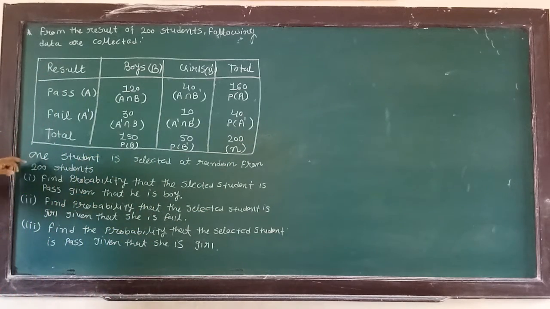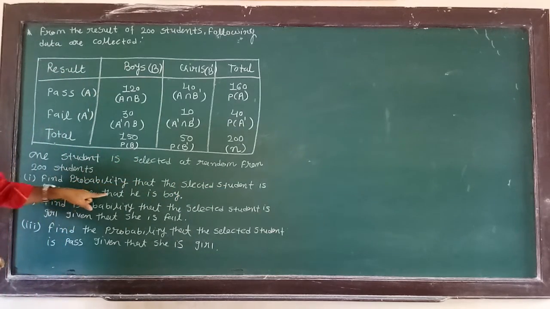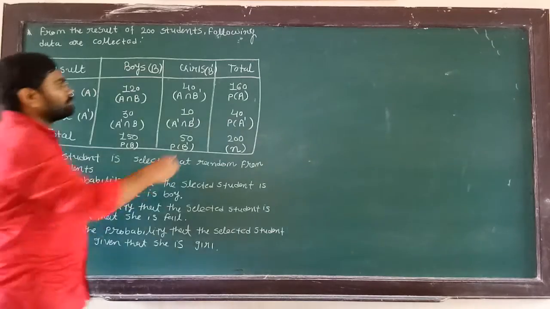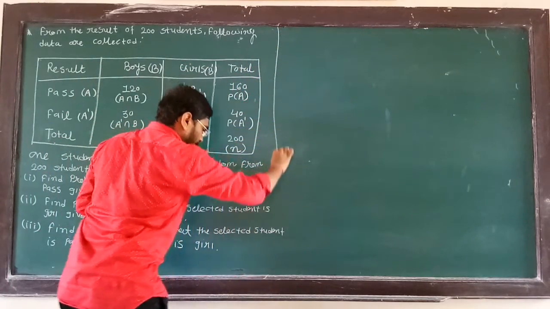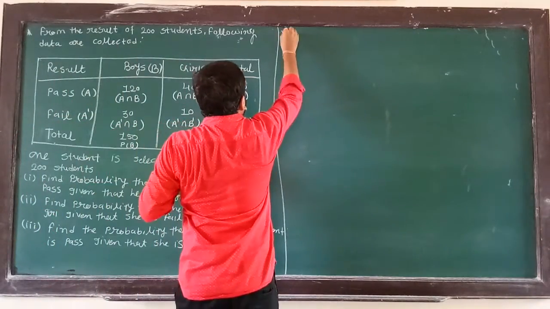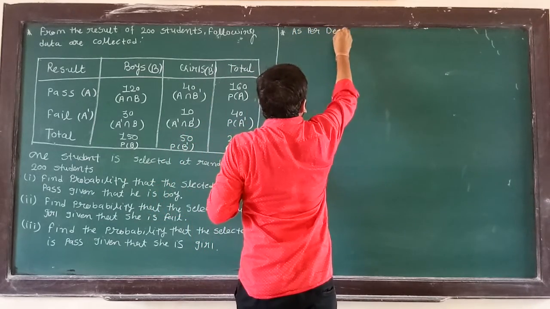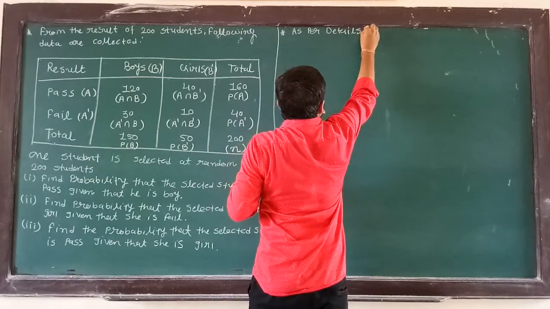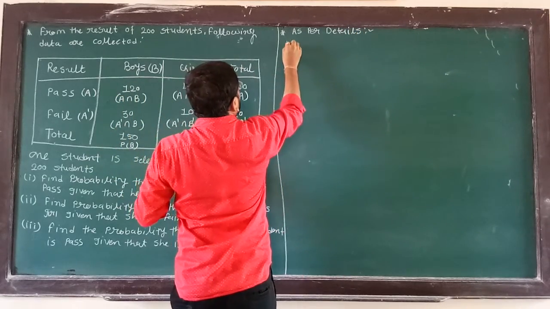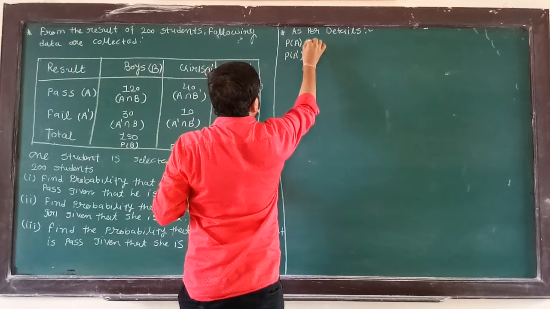So let's start with the first condition. Find the probability that the selected student passes given that he is a boy. Simple, it is as per the details. First of all, we explain here P of A and P of A dash.